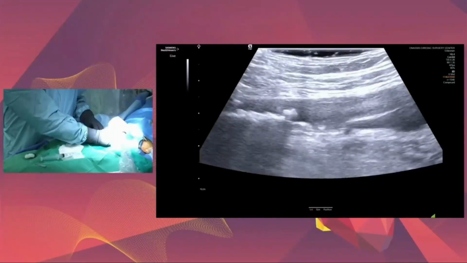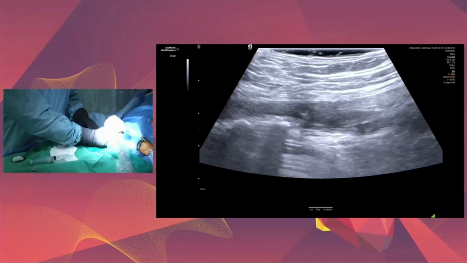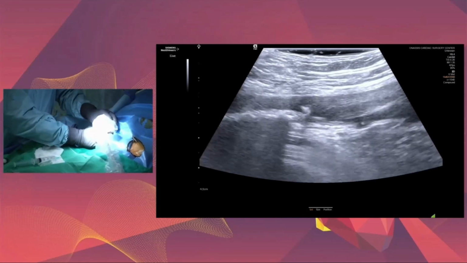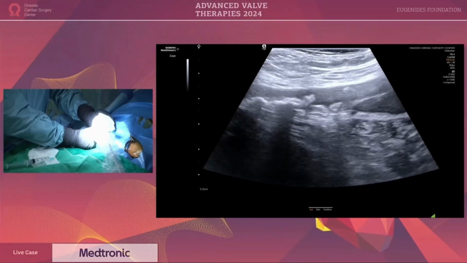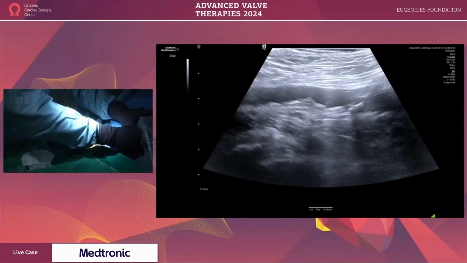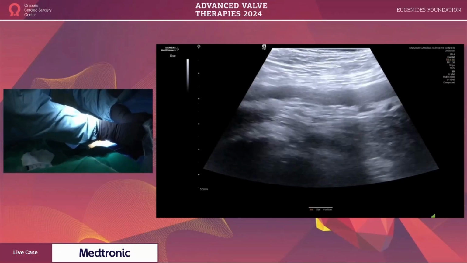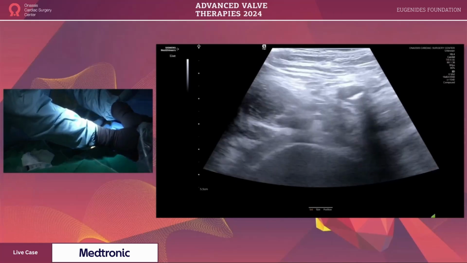Here you can see the right femoral artery from the ultrasound video. You can see a calcified rock here, and now you can see the left femoral artery.